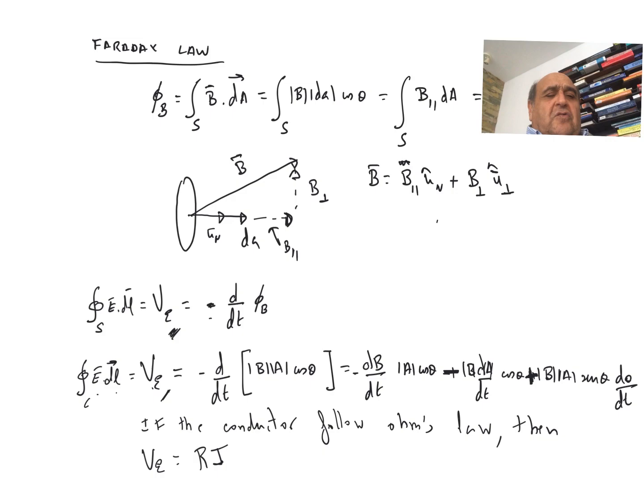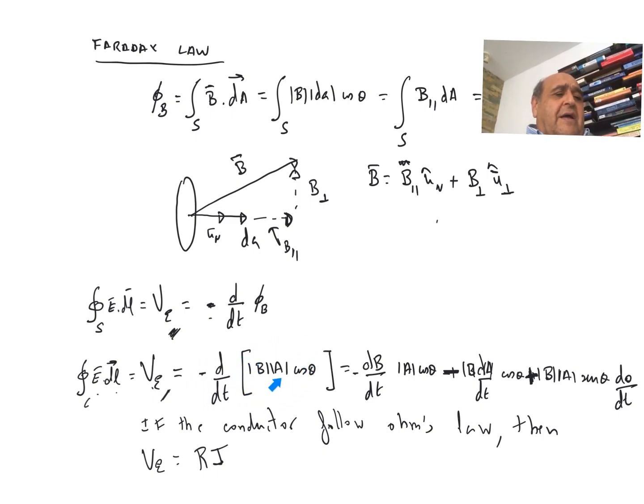As you know, what Faraday's law says is that V sub E is minus the derivative with respect to time of the flux. The flux can be written approximately as B by A by cosine of theta. So this variation is the variation of three terms.